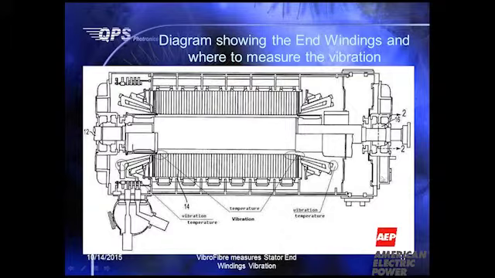In this case, in the Westinghouse generator, the end winding actually comes in a cylinder, and I think you can see it later on in a few slides. And one thing that I did not mention, at that time we were only monitoring SEW vibration, but since that time, we have developed the sensor into a dual function sensor, measuring both temperature and vibration.